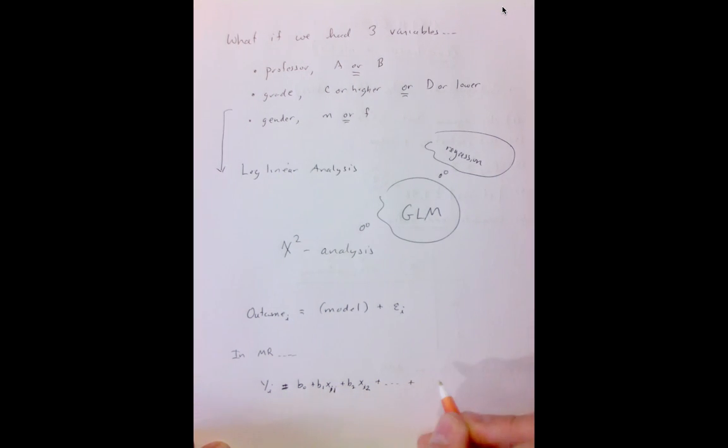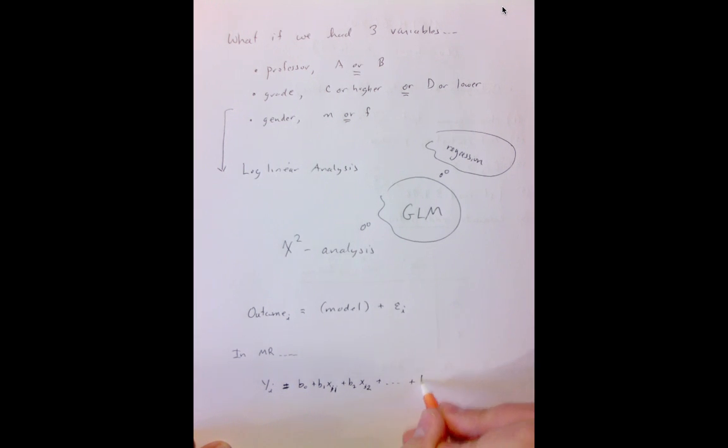And we go all the way out to the number of predictors we have. Let's just call that b sub k, x i k. Well, this part is our model, but we're still going to have an error value for each term.